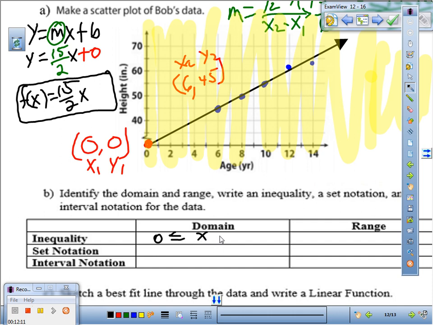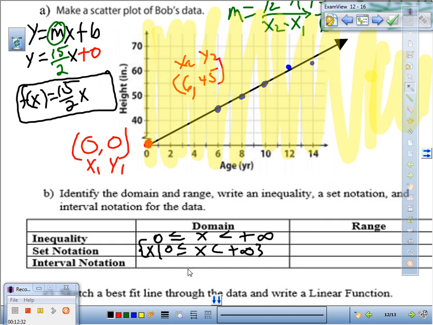What else? Less than positive infinity. That is correct. Because it keeps going, yes? Set notation. Solution set of x such that 0 less than or equal to x less than positive infinity.